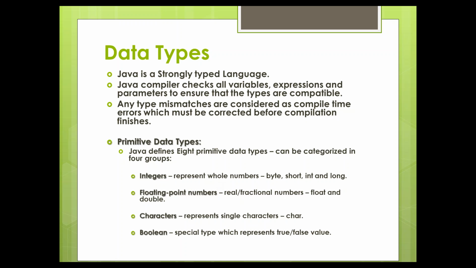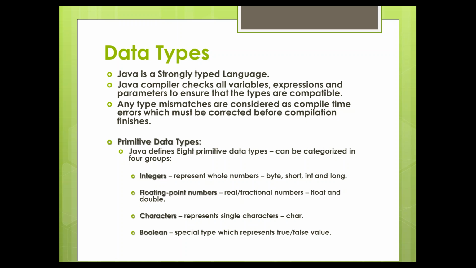And then we move on to characters, which represent single characters. The keyword that we use for characters is char. And then we have Boolean types. Boolean is a special type which represents either true or false.